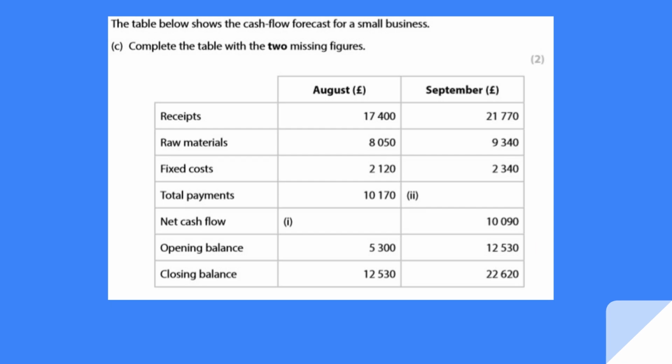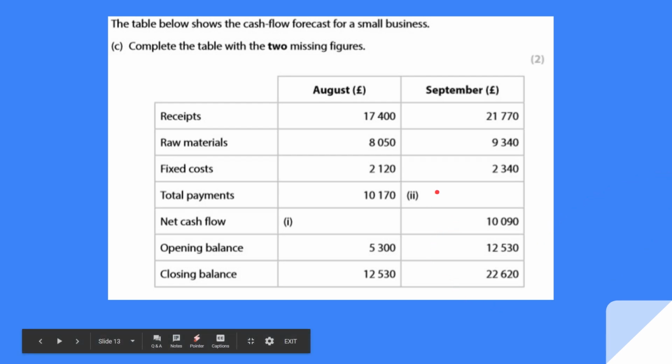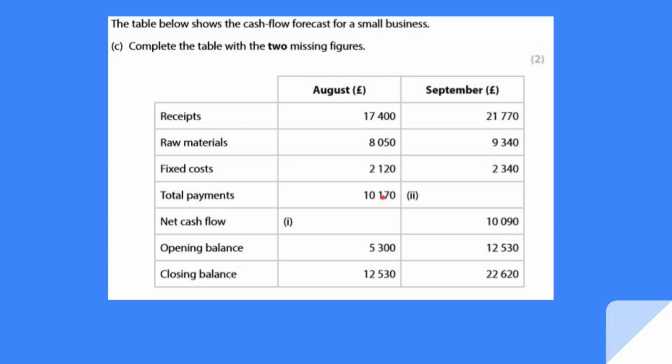Again, pause these as we go through them. Have a go at them rather than just listening to me explain them. You'll get so much more from this, actually testing yourself. So what we can see here is that money out is totaling 10,170. Money in, or receipts, is 17,400.